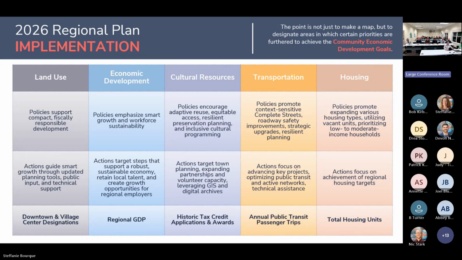And our indicator of progress for transportation is the annual public transit passenger trips. With housing, our policies promote expanding various housing types, utilizing vacant units, and prioritizing low to moderate income households, and our actions focus on achievement of the regional housing targets. And so our annual performance indicator is going to be the total number of housing units.